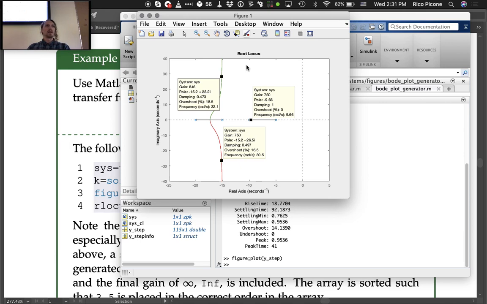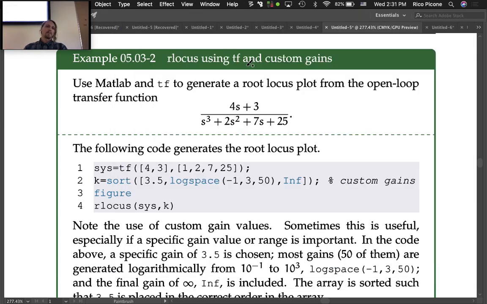So if you want to specify gains, like more densely packed gains in a certain range, this can be useful. And you can add in, like I was like, okay, let's see what a gain of 3.5 specifically is going to give us in terms of the closed loop pole locations and in terms of the second order approximation performance criteria info that pops up there. So I include that in.